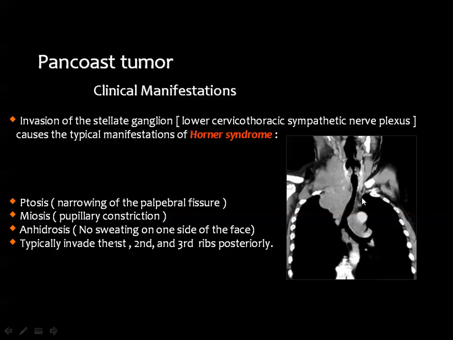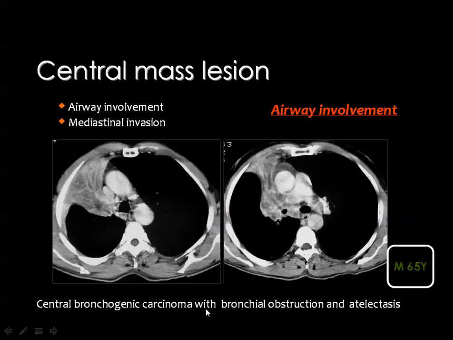Then you see this is a coronal reconstructed image showing a Pancoast tumor partly in the lower neck and partly in the upper chest. Then the central lesion may invade the airway or may invade the vessels.